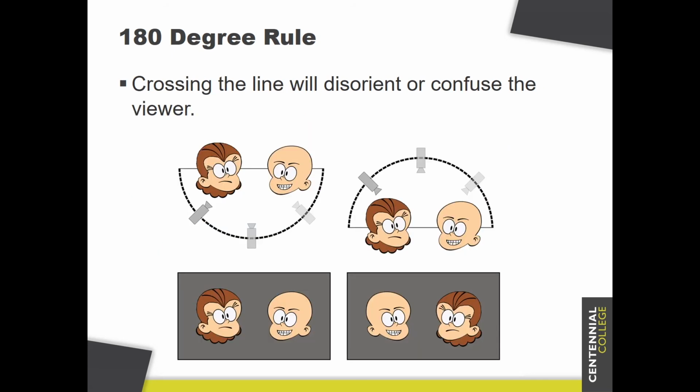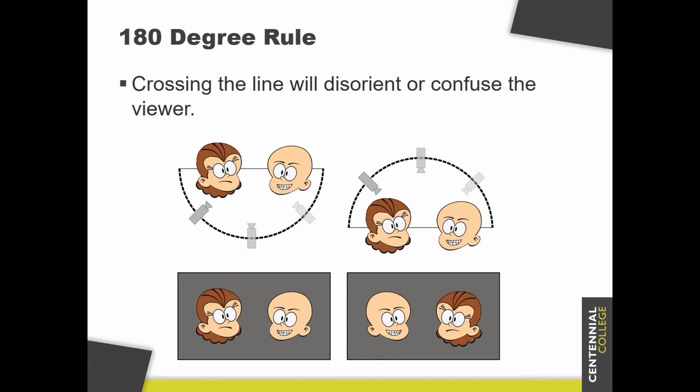So let's take a look at a quick example here. On the left-hand side of our diagram, we've got our established line of action, and we have our screen space as we had it set up before, with our female actor on the left-hand side and our male actor on the right-hand side. As soon as we cross that line of action, what happens on the screen is the actors will appear to have switched sides, as if they've changed positions. And that's not what you want, right?